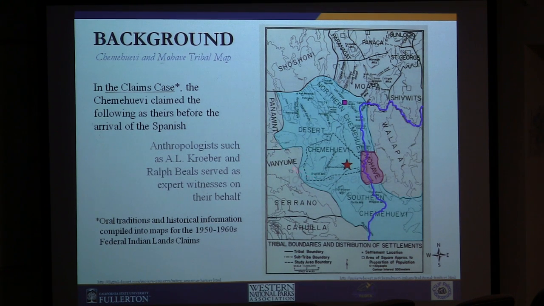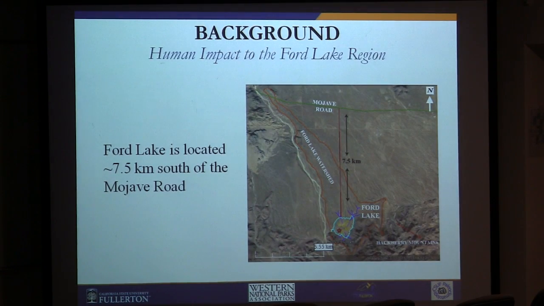So the Chemehueve had the blue area here, and the Mojave had this little section along the river. And there's our Mojave Road again. Here's a map of Ford Lake, which is approximately 5 miles from the Mojave Road.